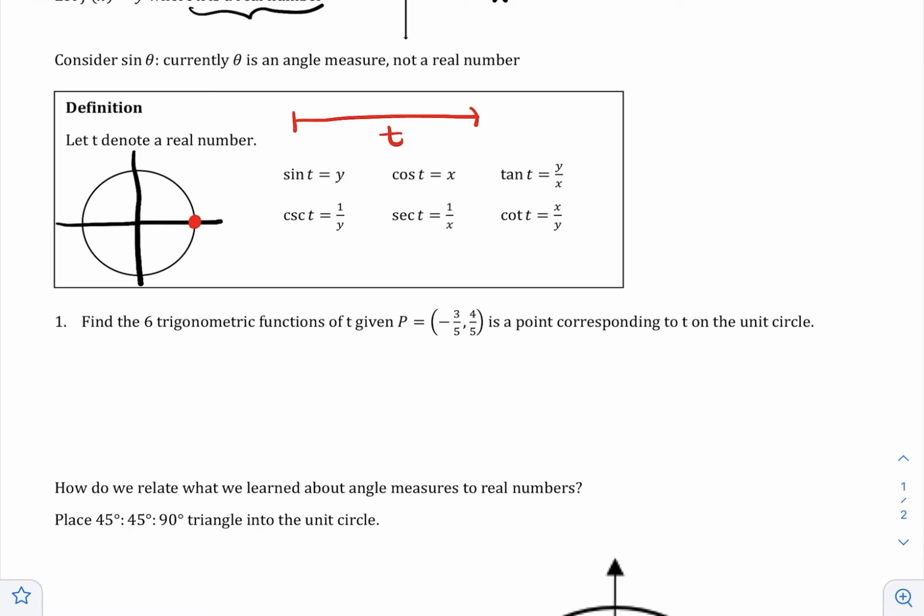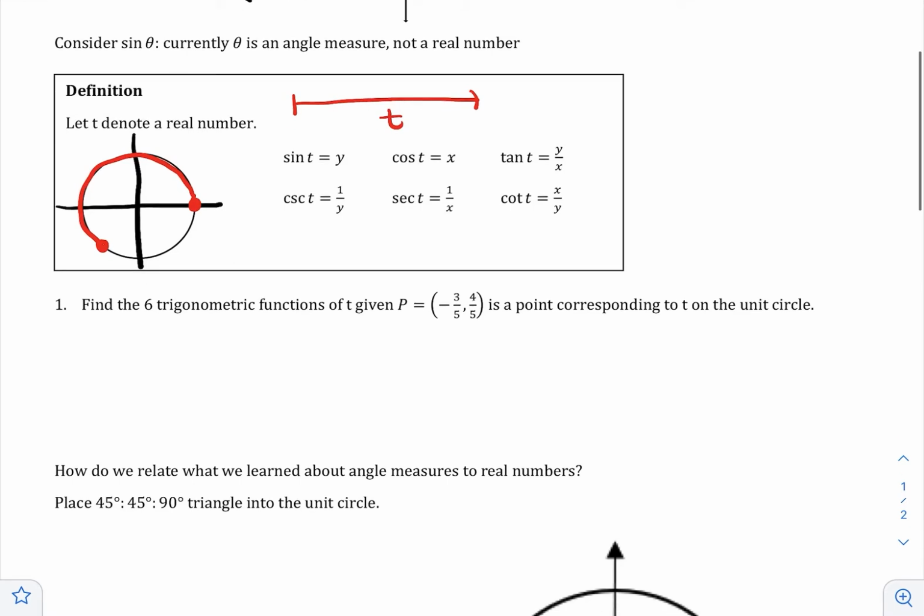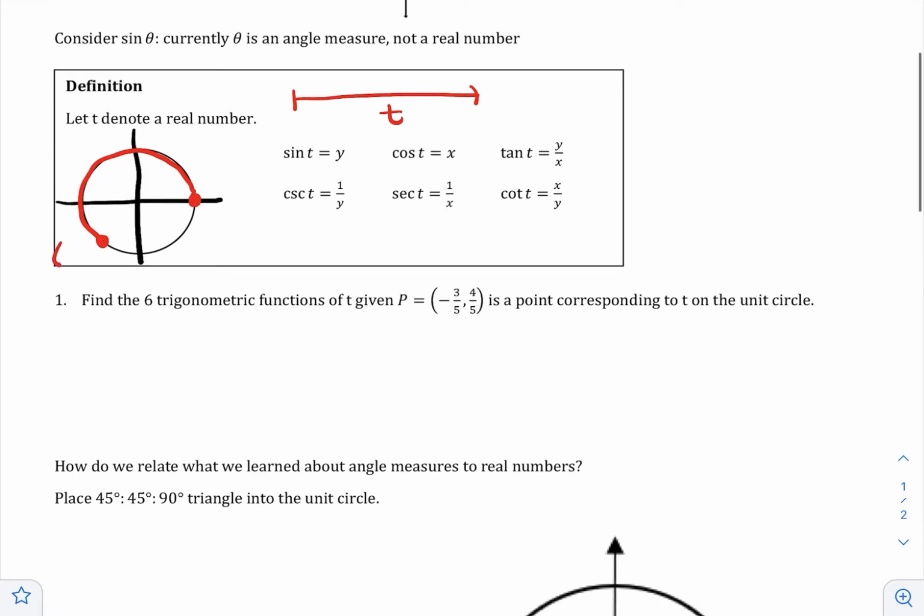Instead of being in a line, you wrap that piece of string around the circle. Depending on how long the string is, it could go around and around the circle, but eventually the string would end. When it ends, it will be a point on the circle, and we call this point x comma y. So t is the length of the string, and it creates a point depending on where it ends.